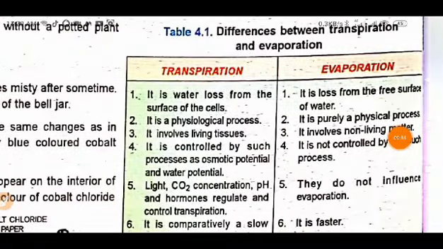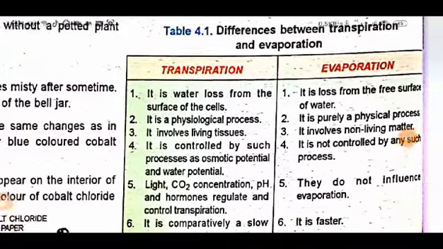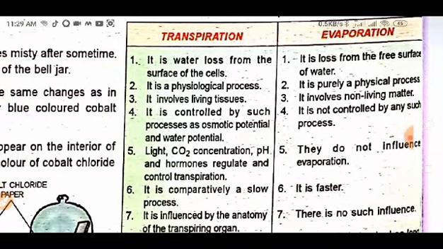There are some differences between transpiration and evaporation. Transpiration is water loss from the surface of the cell, while evaporation is the loss of water from the free surface of water. Transpiration is a physiological process, and evaporation is purely a physical process.